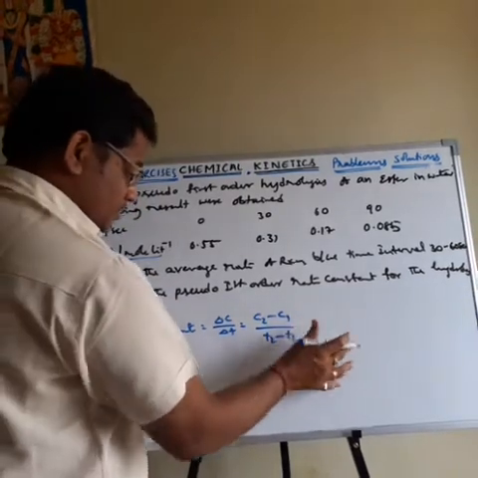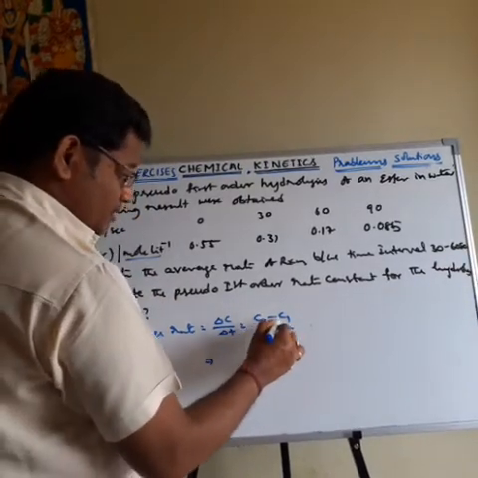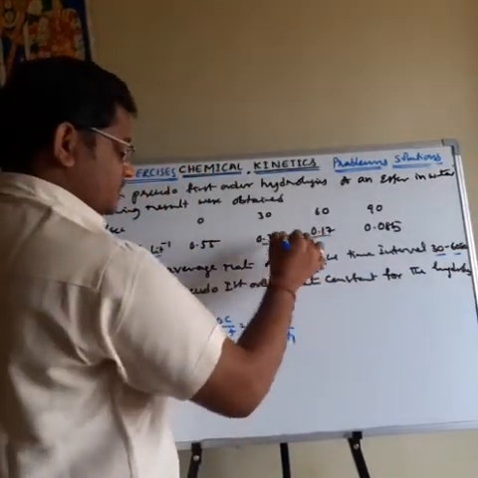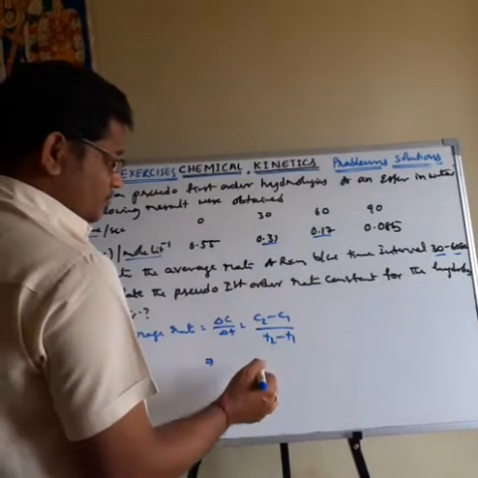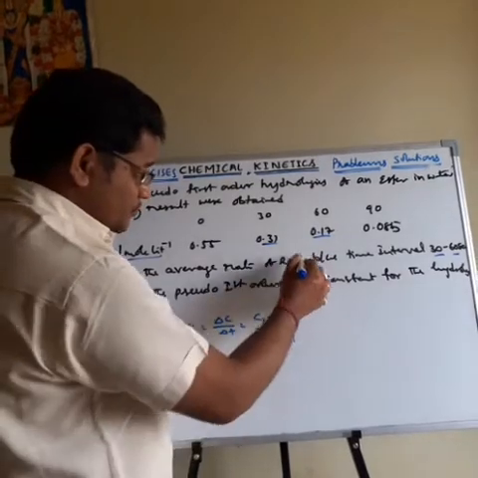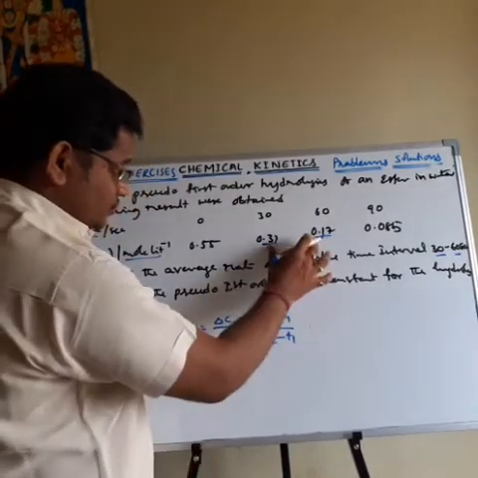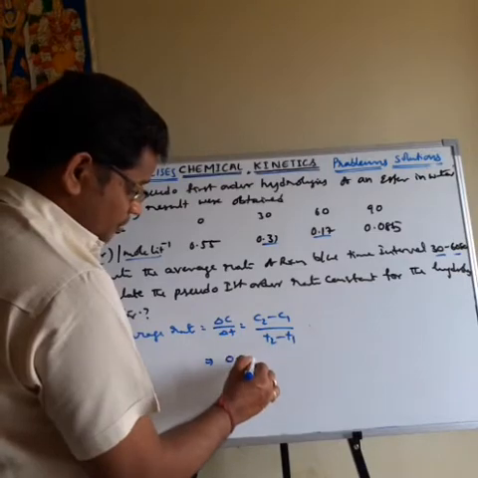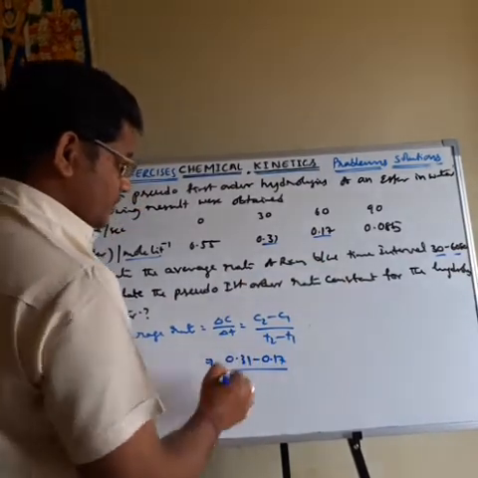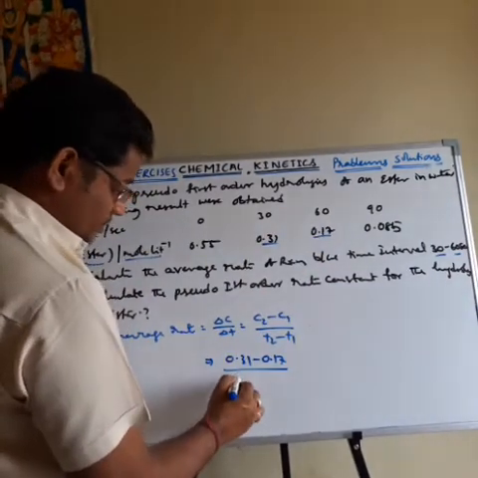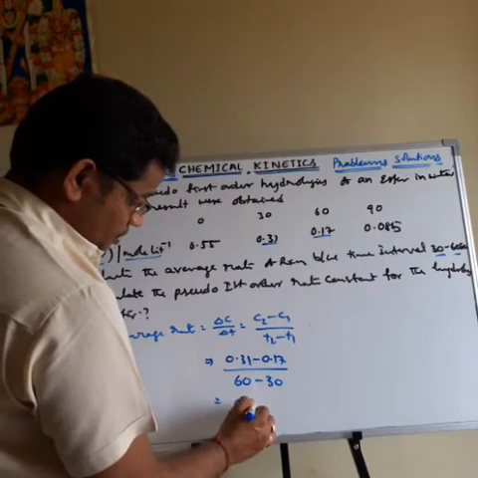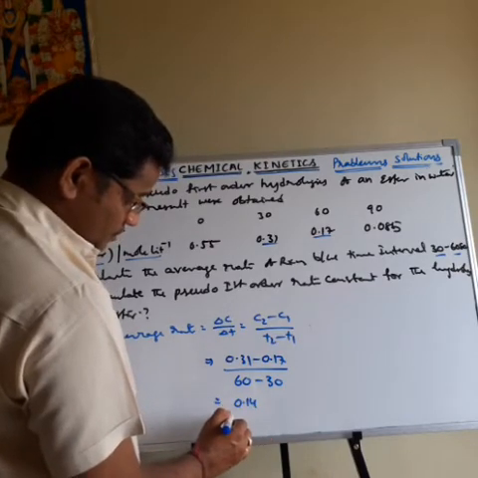Between 30 and 60, the difference in C is 0.31 minus 0.17, divided by 60 minus 30. Its value is 0.14.